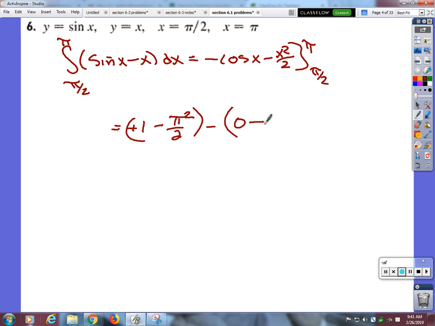Minus pi over 2 squared is pi squared over 4, but then if you divide that by 2, it's going to be pi squared over 8. So negative 4 pi squared over 8 plus pi squared over 8.